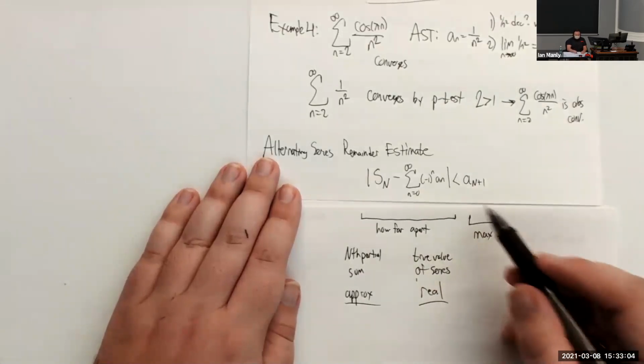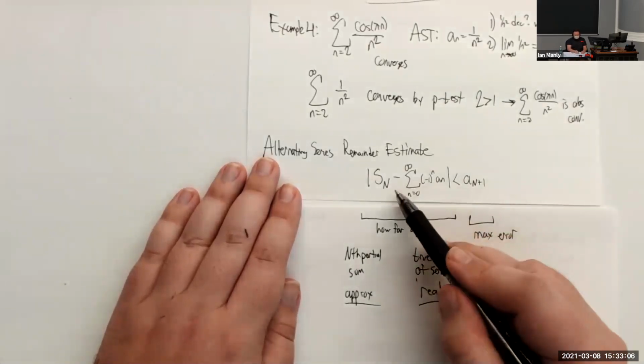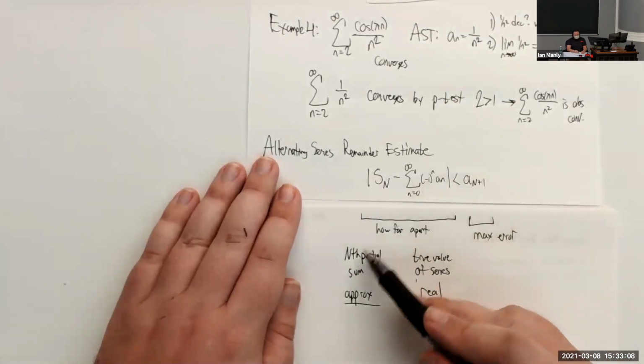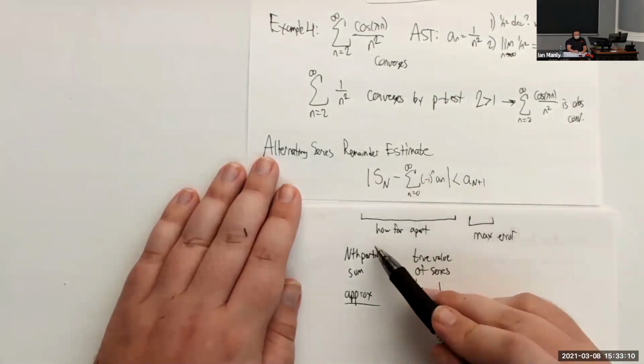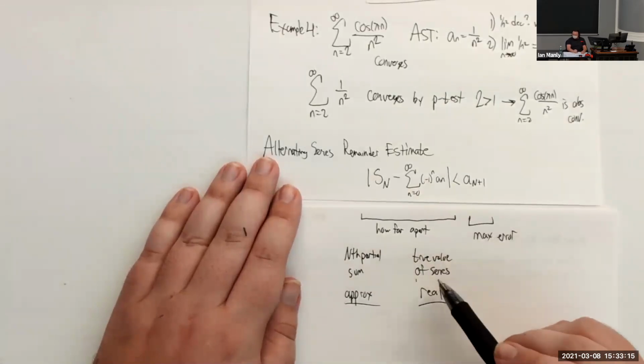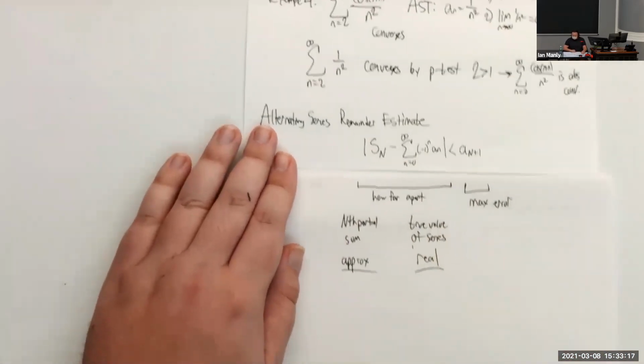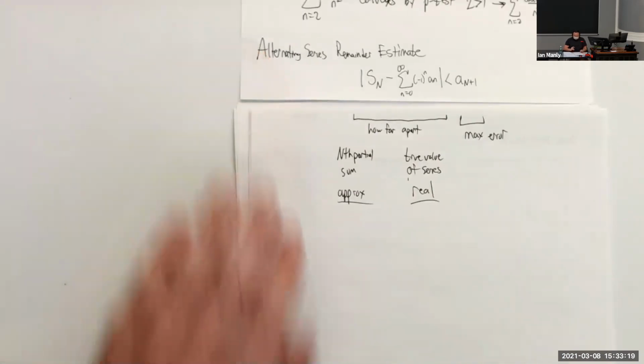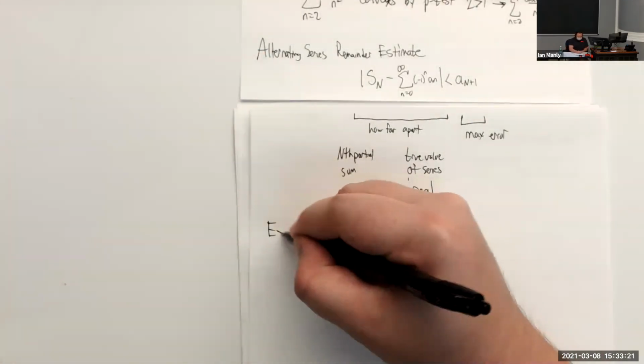And depending on the sequence, that could be really nice. But the main thing is that we have a nice formula telling us how far away our approximation is from our real value right here. All right, let's go ahead and take a look at an example of this. I think it'll sink in a little better.